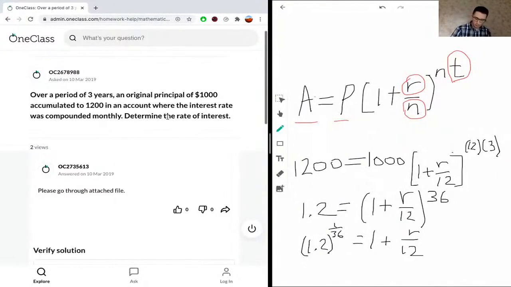From this, we subtract 1 and then multiply by 12. So R equals (1.2 to the 1 over 36 minus 1), all in brackets, multiplied by 12.